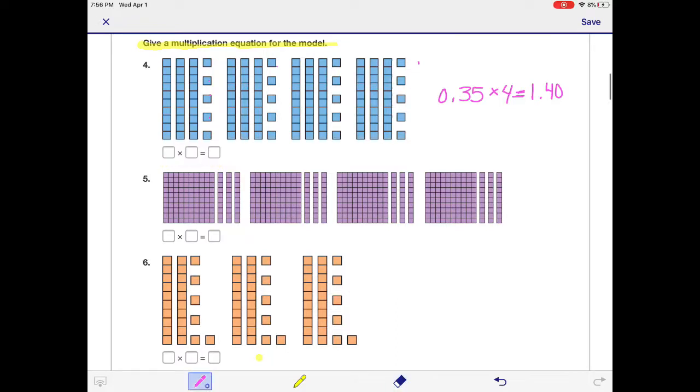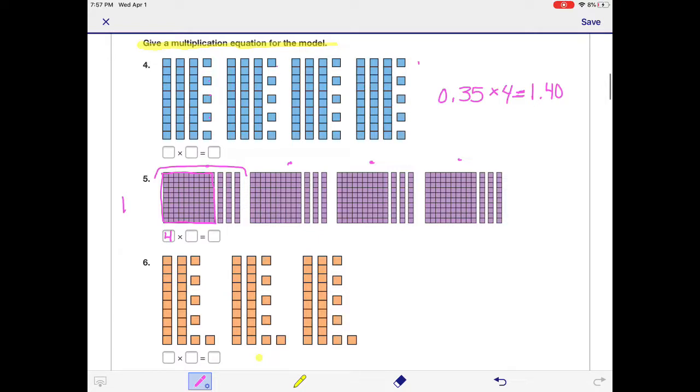How many groups do we have? That's the easy part. We've got 4 groups. So you know your multiplication equation is going to be 4 times whatever one of the groups represents. Here you can see we've got this whole box that represents 1 whole.